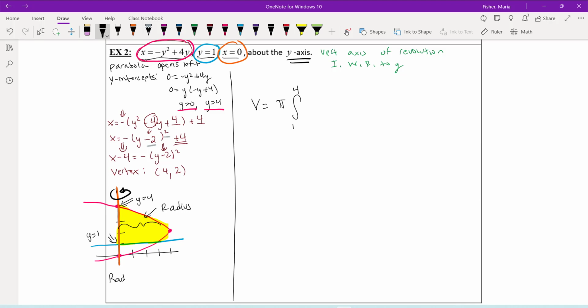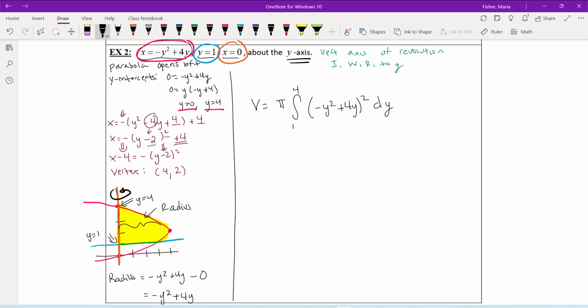So the pink curve was negative y squared plus 4y, minus, well, the orange curve is 0. Cleaning that up because I don't need my minus 0, I get that my radius is negative y squared plus 4y. So this is going to be the integral of (negative y squared plus 4y) quantity squared dy.